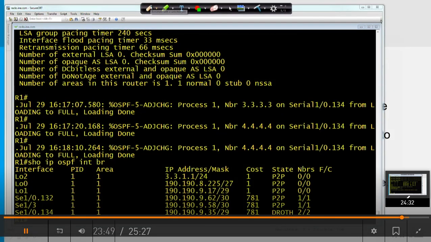Okay, so the non-broadcast multi-access interface has a cost of 781, and the point-to-point interface also has a cost of 781. So if we take this non-broadcast multi-access interface and we lower it, that should be enough. Let's see if we just lower it to 780, if that's enough to make it the preferred interface to reach those loopbacks on router 3.